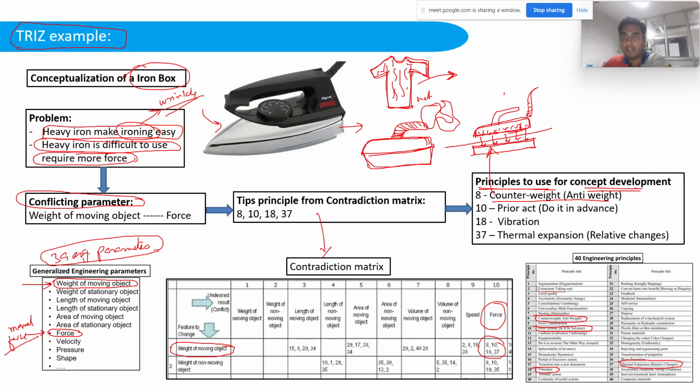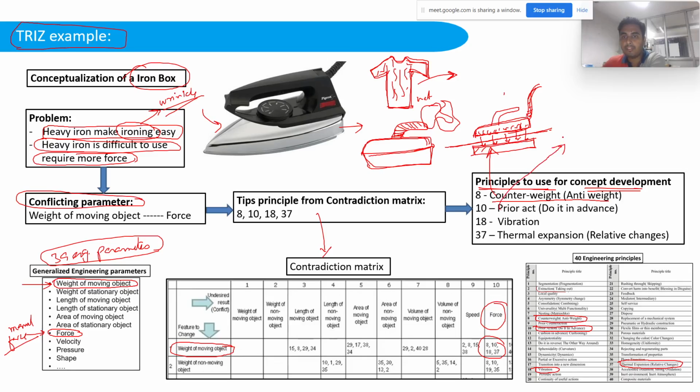Only while pressing, while supplying electricity, does this thing get heavy, and then you can easily slide the iron over this metal piece, and this can easily make the cloth wrinkle-free.